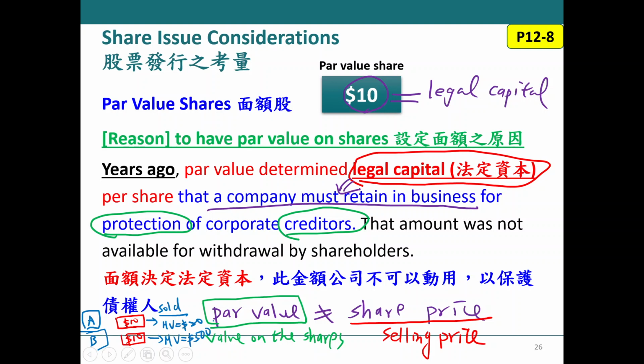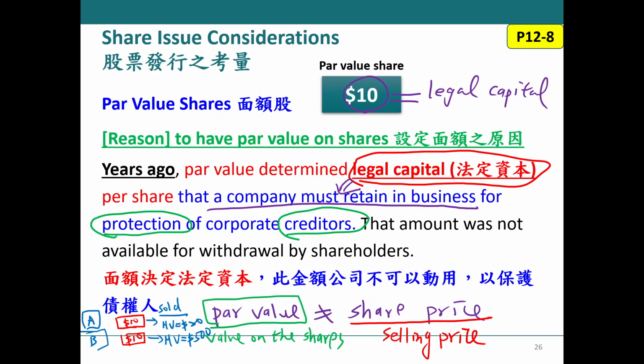So did you find out they are not the same? Par value tells you the legal capital, that's it. But even though they have the same par value, when they sell to the market, the selling price, the share price, will not be the same. It depends on what company it is, right? But remember, some of you will always get confused. Okay, any questions? No problem?